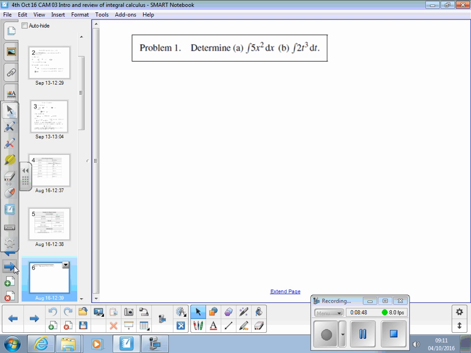So, first problem of the week. We've been asked to find the integral of 5x squared with respect to x.